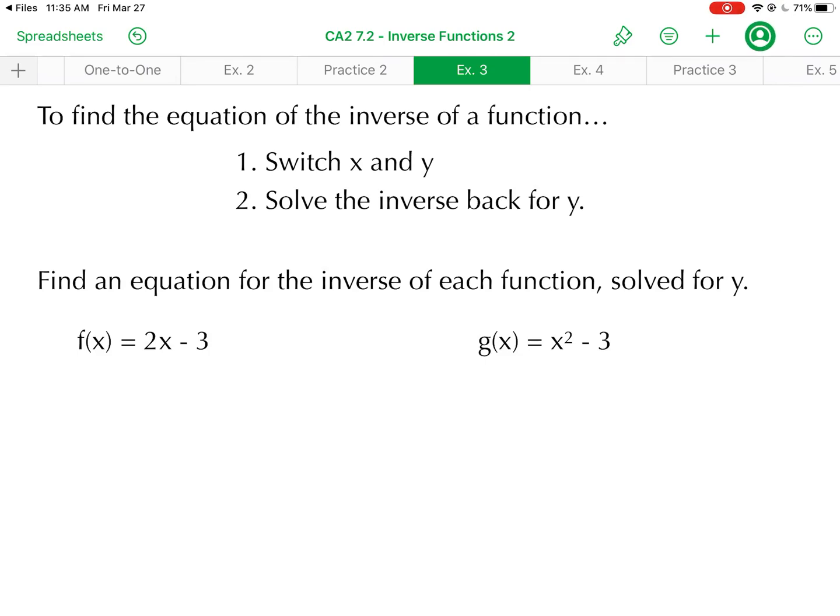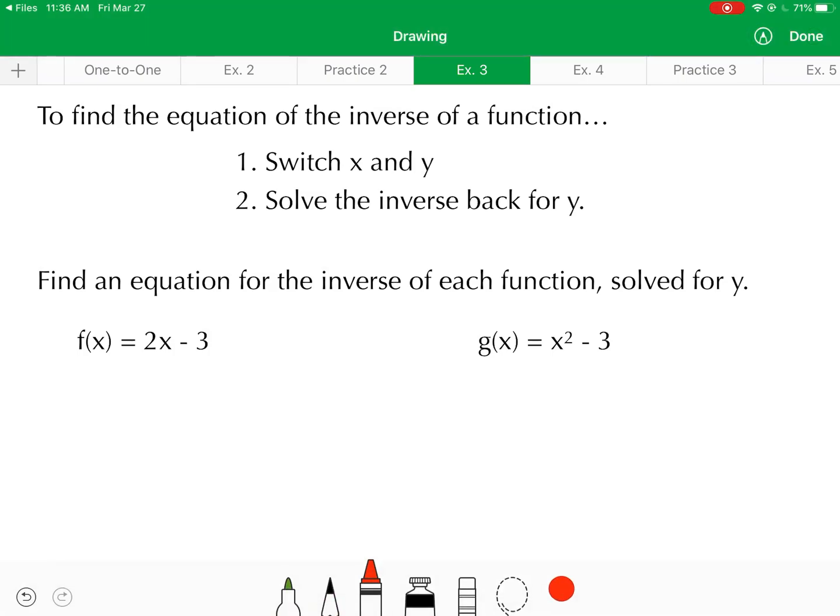So let's try to find the inverse of the function f of x here over to the left. It's a linear function. f of x equals 2x minus 3. Now remember, f of x is just a fancy way of writing y. It's a notation that stands for y.